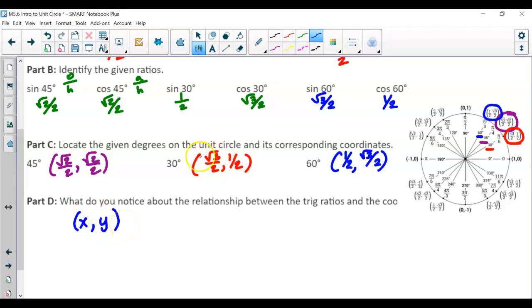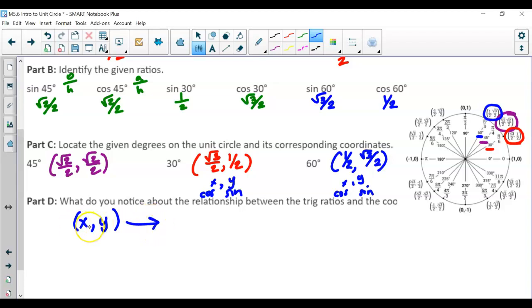The X coordinate was the cosine of the 30 degrees, and the Y is the sine of the 30 degrees. So does it match here? What is the X and Y? Well, 1/2. That was the cosine. There you go. And the Y was the sine. So that is the relationship.